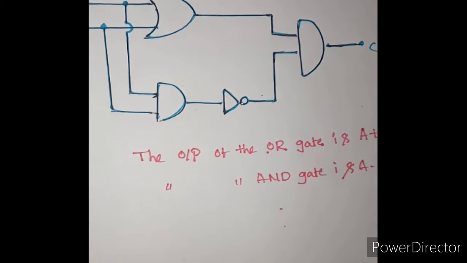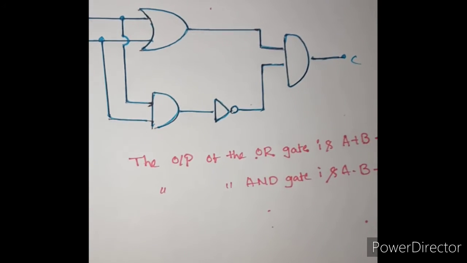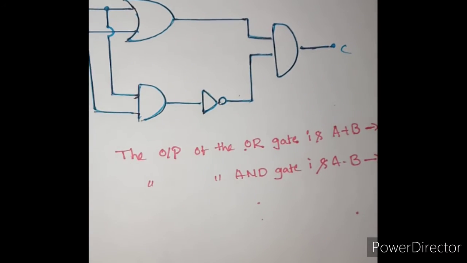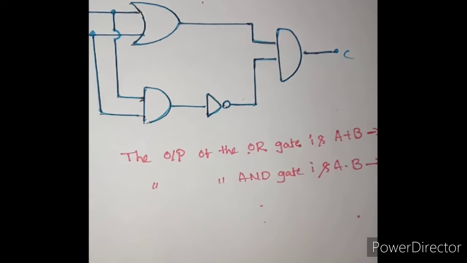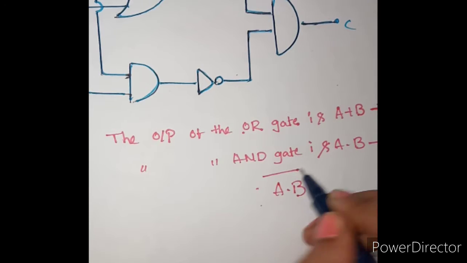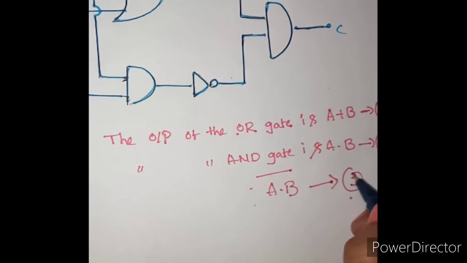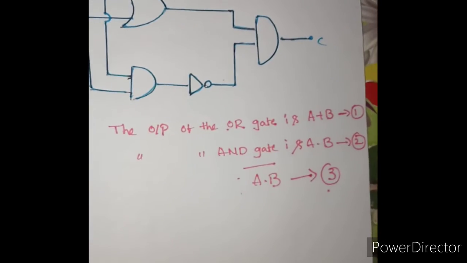Expressions 1 and 2 are fed to the inputs of the NOT gate, whose output is (A dot B) bar. So this is equation number 3, isn't it?